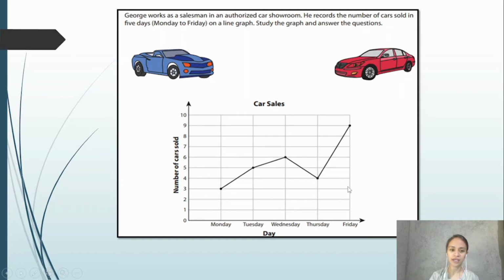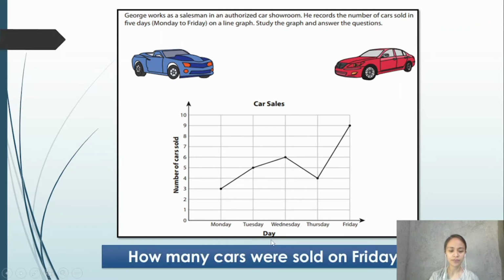And Friday, 9 cars were sold. Now, let us answer the questions. How many cars were sold on Friday? The answer is 9. On Friday, there are 9 cars sold.